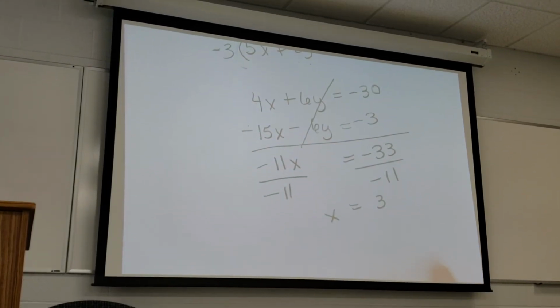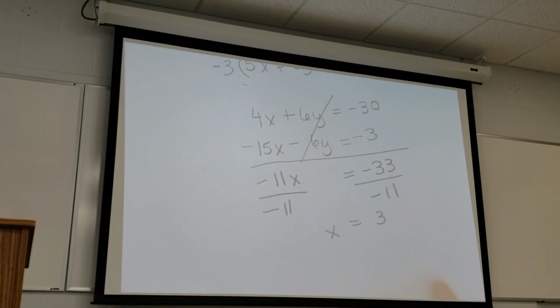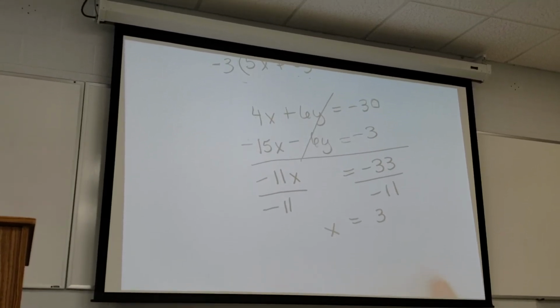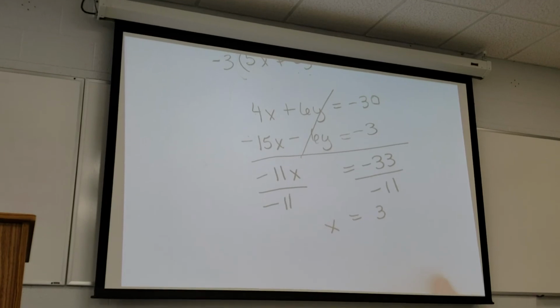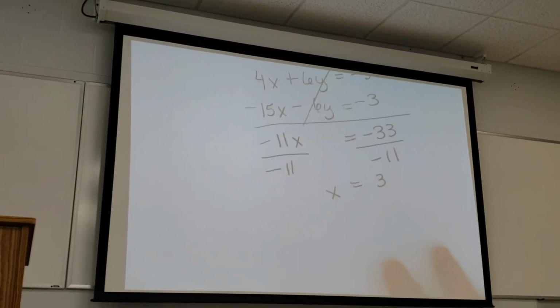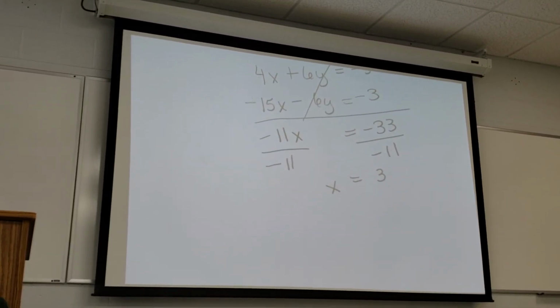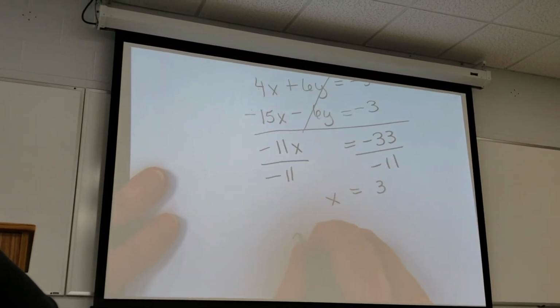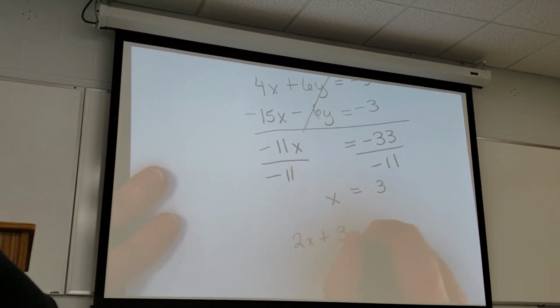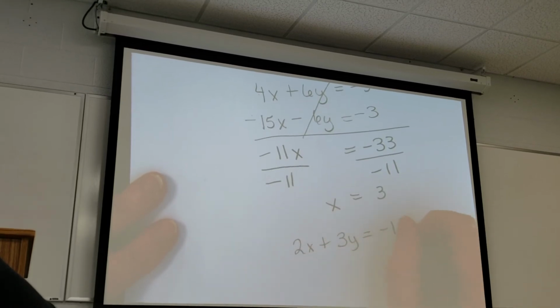Now, I am not done. I have an x, I have to have a y with it. You pick either original equation. I'm just going to pick the top one, and I'm going to let x be 3 and solve for y. So I have 2x plus 3y equals negative 15.